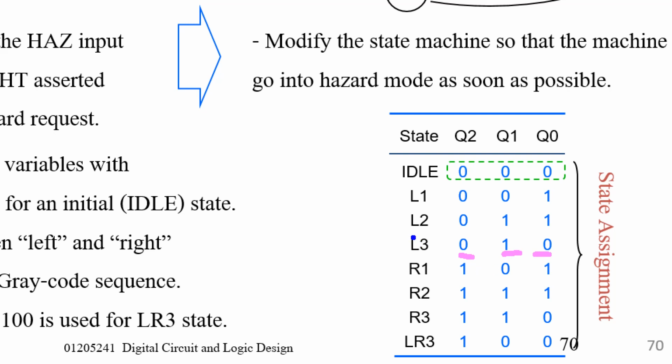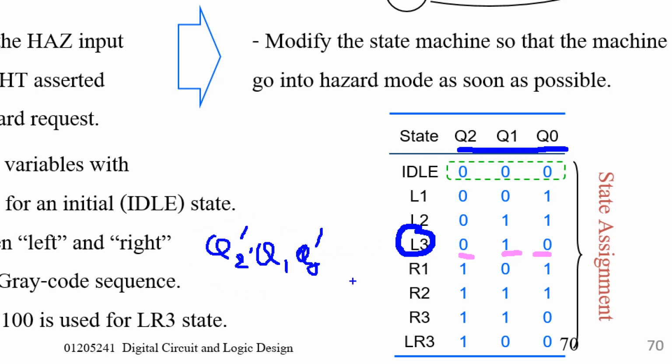So you can write the condition of state variables to show that the machine is now in state L3 by using this condition to check Q2 prime and Q1 and Q0 prime.